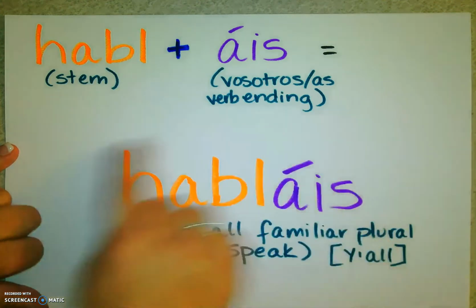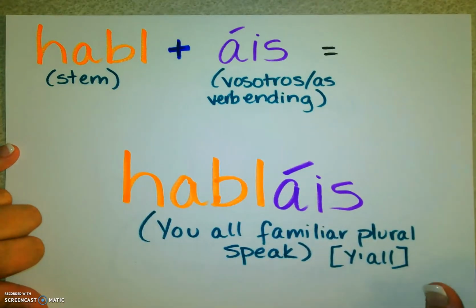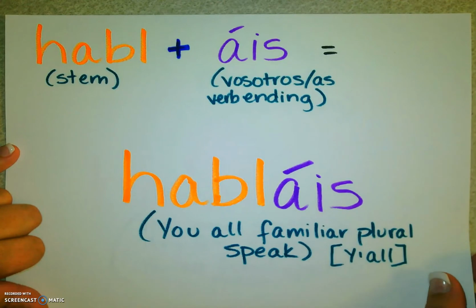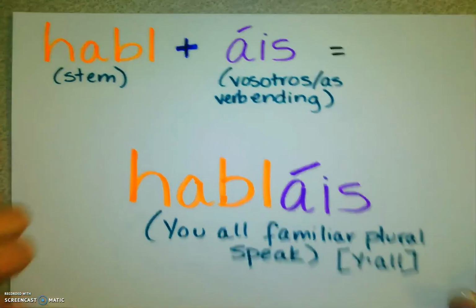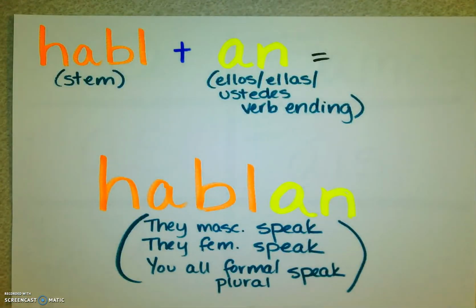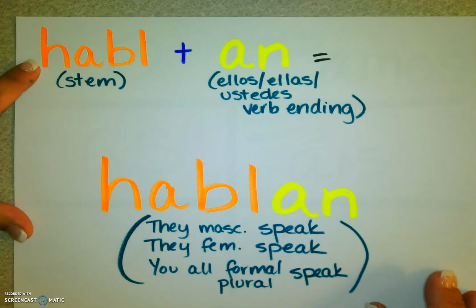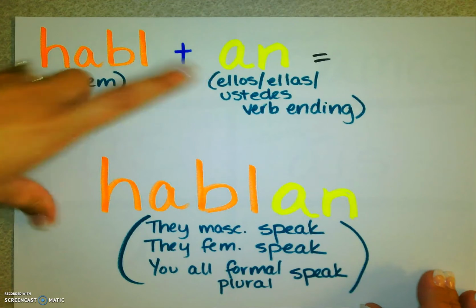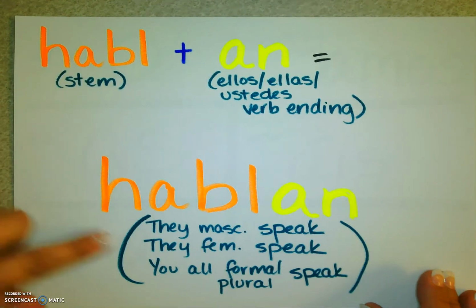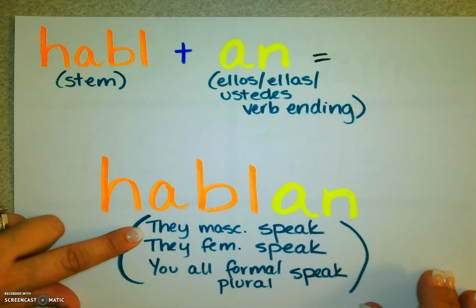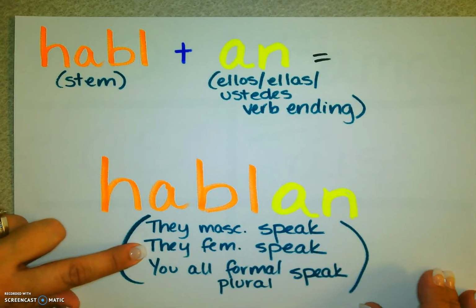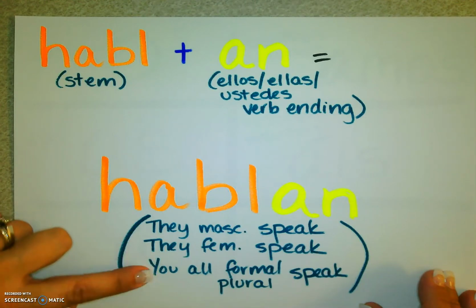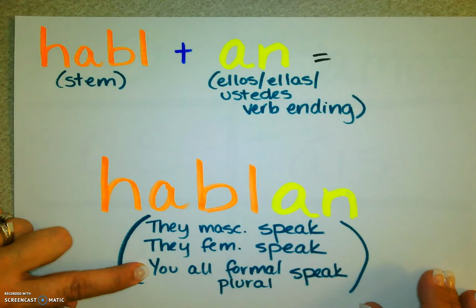This form here is typically used only in España. Finally, habl plus an gives us hablan. They boys speak, they girls speak, or you all formal plural speak.